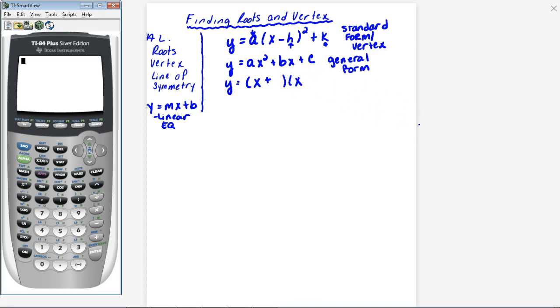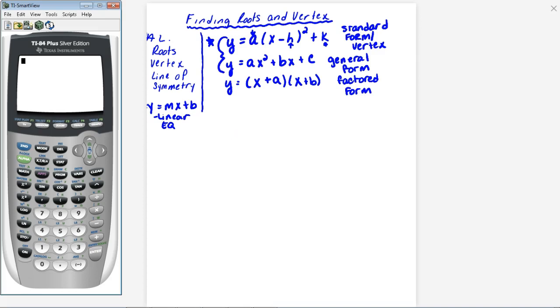That's factored form. So all different ways you can write a quadratic equation. Today we are just going to be concerning ourselves with the first two, and really just the first one since we're talking about the roots and the vertex.